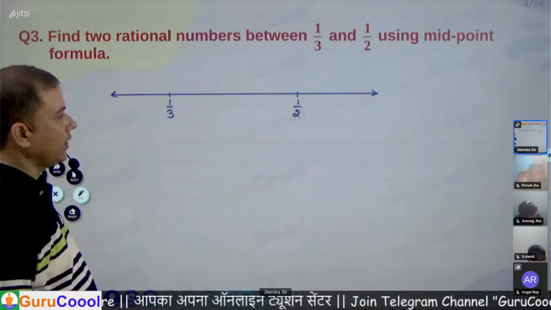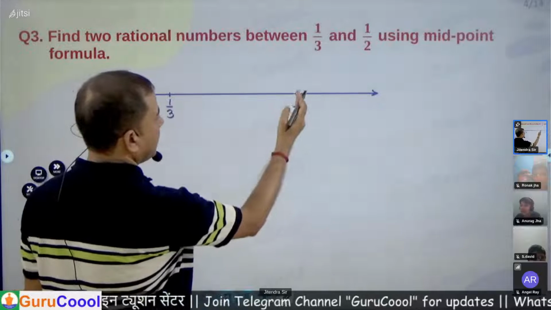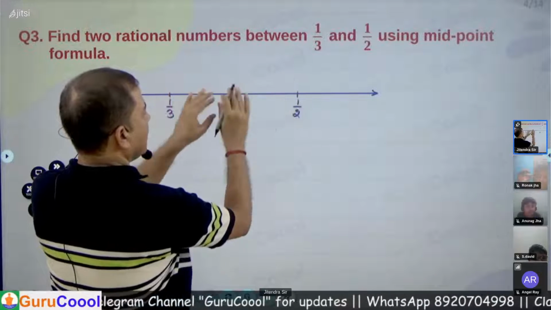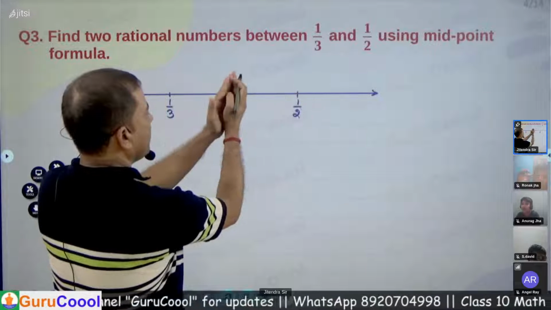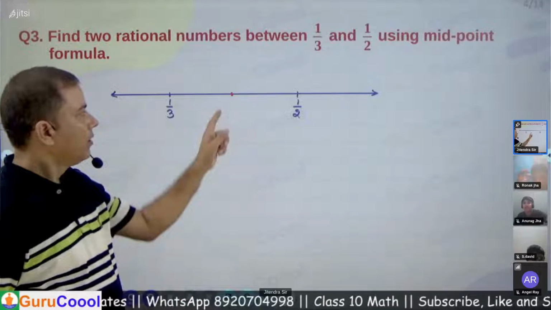See how to find. Here is 1 by 3, here is 1 by 2. Just in the center of these two, there should be a number. This is the midpoint.